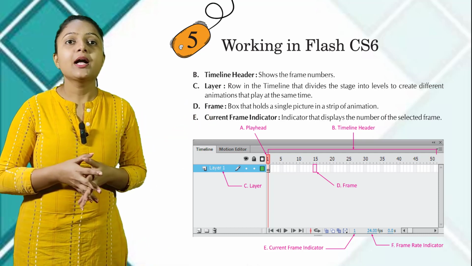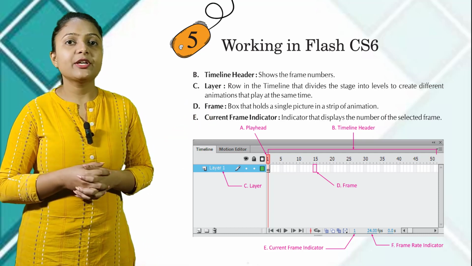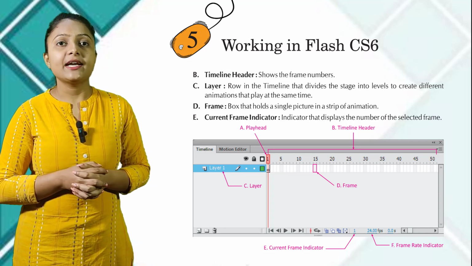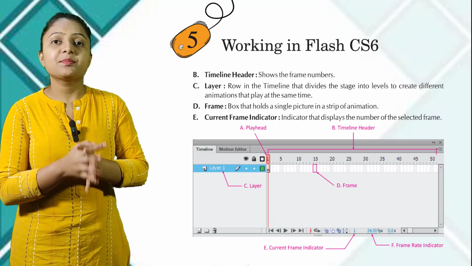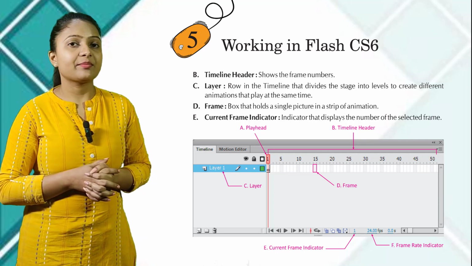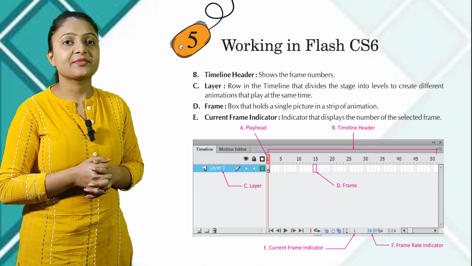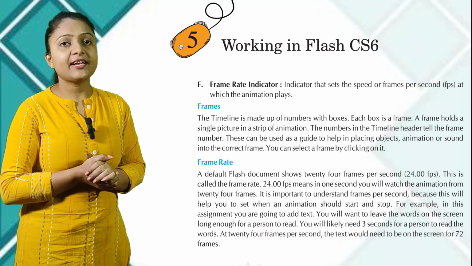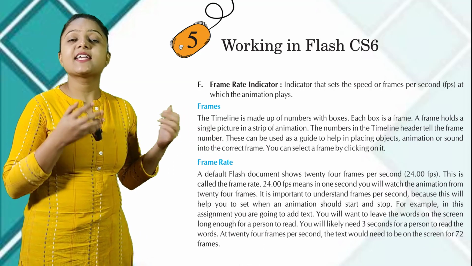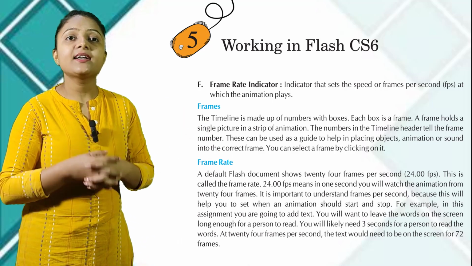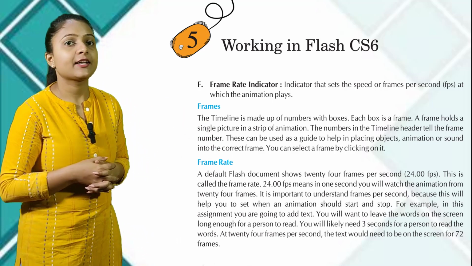D. Frame: box that holds a single picture in a strip of animation. E. Current frame indicator: displays the number of the selected frame. In this image, you can see the interface of Flash CS6. F. Frame rate indicator: sets the speed, or frames per second (FPS), at which the animation plays.